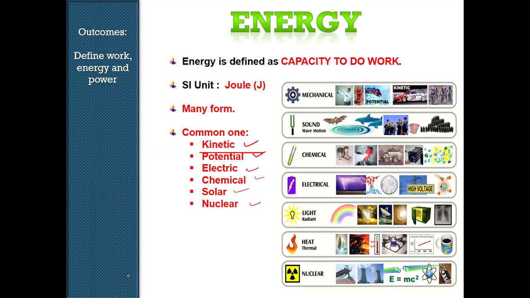There are many different kinds of forms of energy. Remember, these forms of energy can be converted from one form to the other. For example, electrical energy can be converted into light energy by a bulb. So this unit is more on energy.